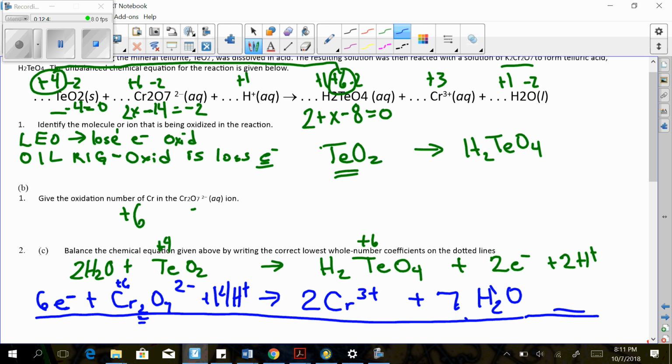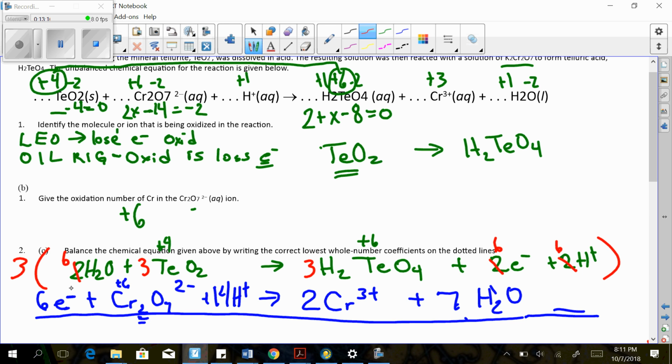When I do, I look at that, I need to cancel my electrons, and I can't cancel 6 electrons with 2, so I am going to multiply the top reaction by 3. So if I multiply everything in this top reaction by 3, this becomes 6, this becomes 3, this becomes 3, this becomes 6, and this becomes 6.